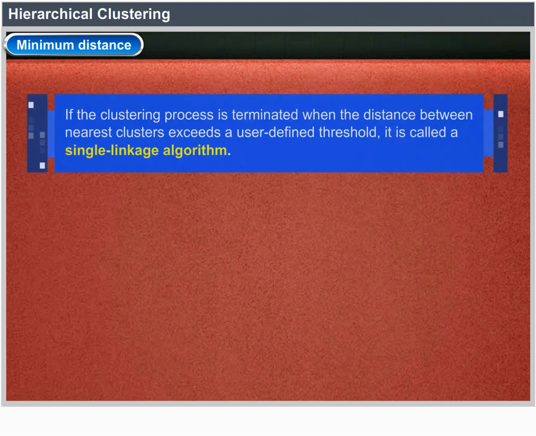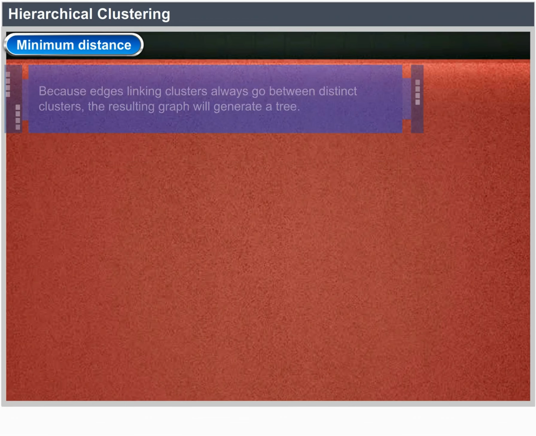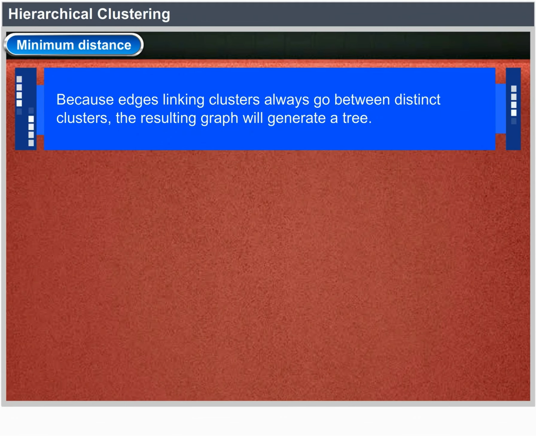If we view the data points as nodes of a graph, with edges forming a path between the nodes in a cluster, then the merging of two clusters, Ci and Cj, corresponds to adding an edge between the nearest pair of nodes in Ci and Cj. Because edges linking clusters always go between distinct clusters, the resulting graph will generate a tree.